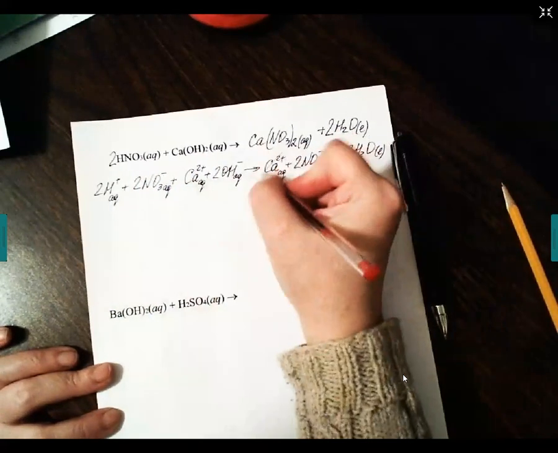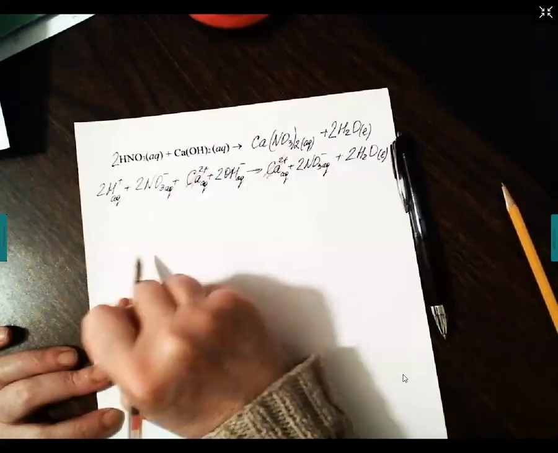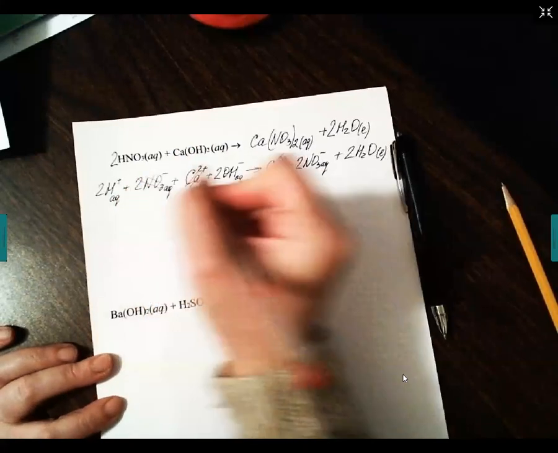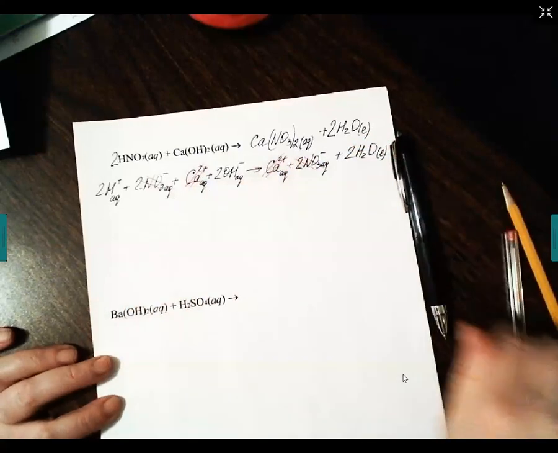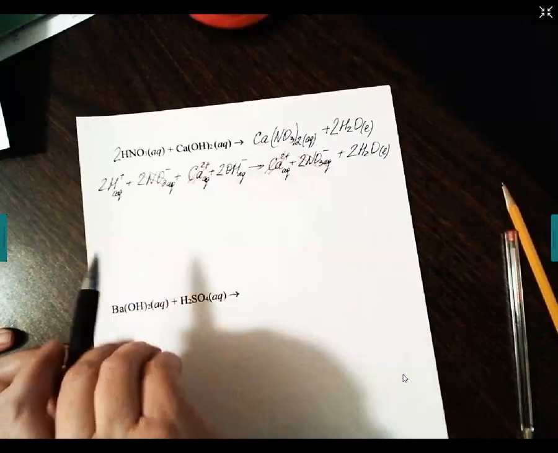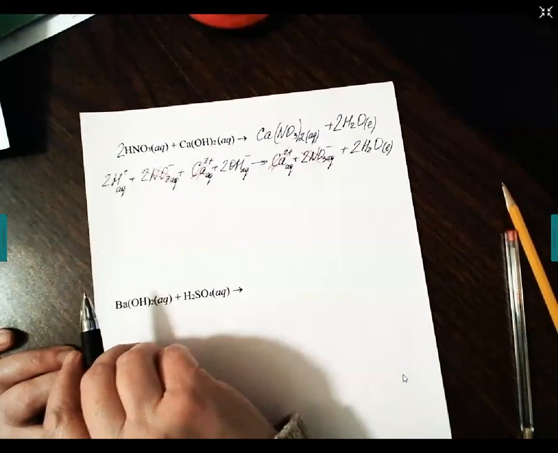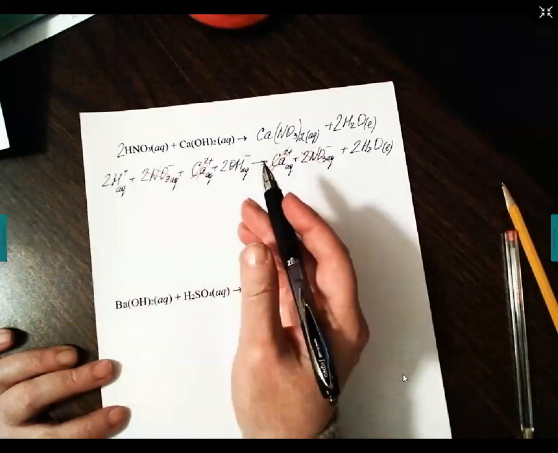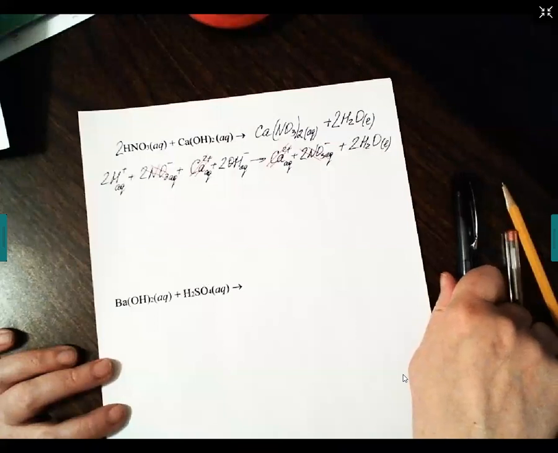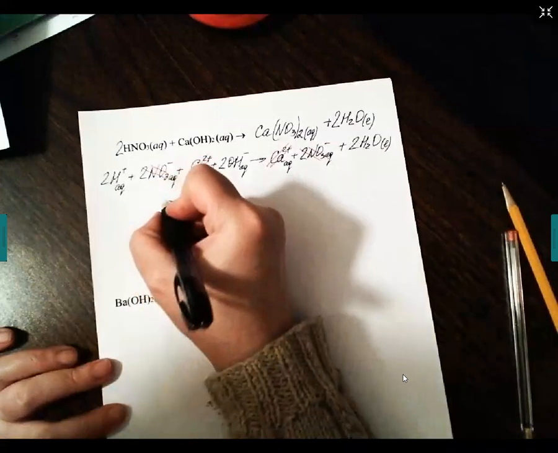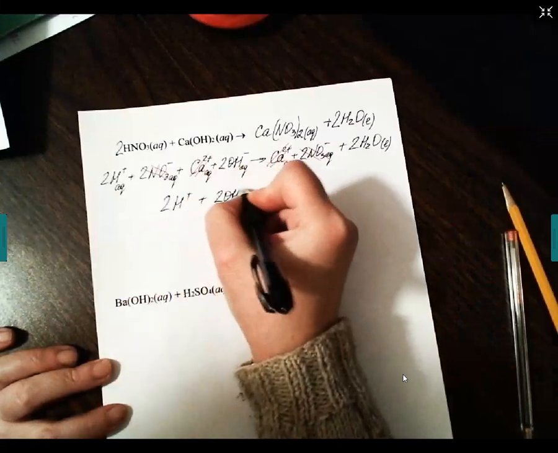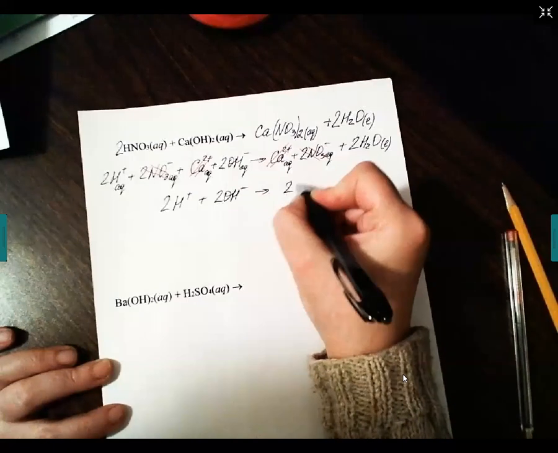So we have calcium on both sides, we can cancel it. And we've got 2 nitrates and 2 nitrates. So calcium 2 plus and nitrate ion are our spectator ions. And what is left is our net ionic equation. But okay, let's first write it in this form. 2H plus 2OH minus gives us 2H2O.